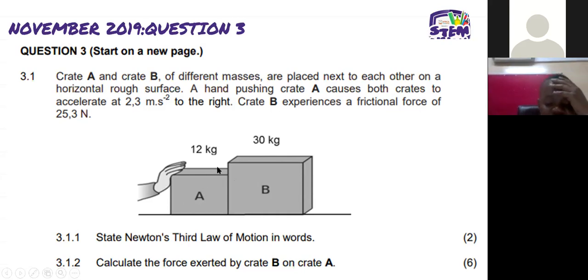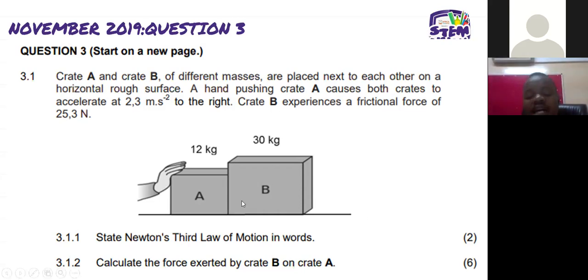And the reason that A actually exerts a force on B is because they are in contact, and because there is a person that is applying a pushing force. There is a hand that is applying a pushing force on A, and A pushes B, and then B reacts by pushing A in return. Now, that is a clear case of Newton's third law of motion, right?